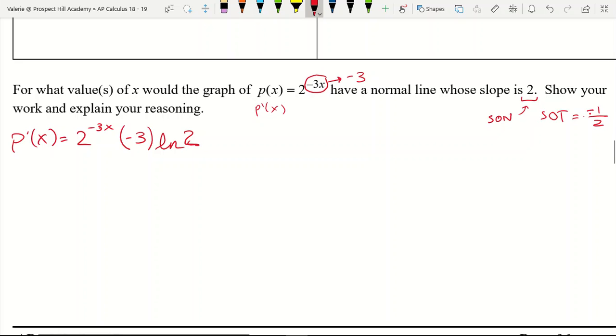So we're looking for what value of x the graph would need to be to have a normal line whose slope is 2. So if we know the normal line slope is 2, we know the slope of the tangent line is negative 1/2. So slope of the tangent line is p prime of x.